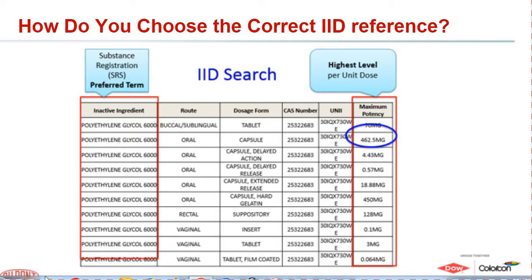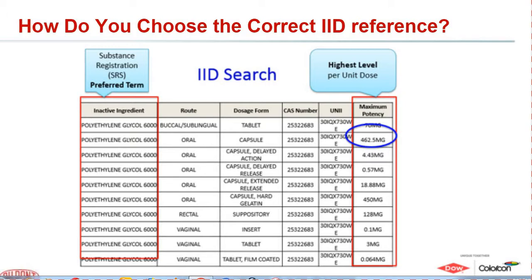They're now actually calling it the global SRS system, so you might see it listed as GSRS at times as well. So again, it's important to use the names that are consistent with the substance registration system if you want to see the results that are in the database. Now, some of the older listings might have old nomenclature, and that's an area where FDA is trying to clean this up.